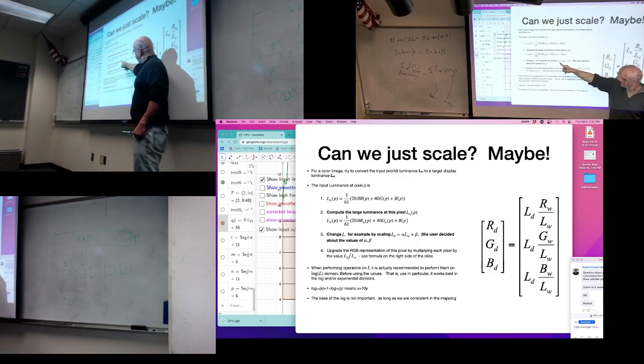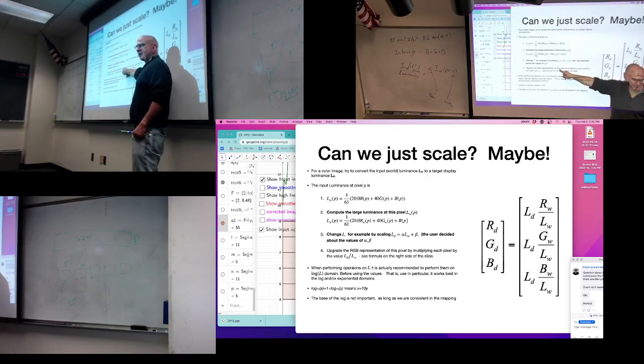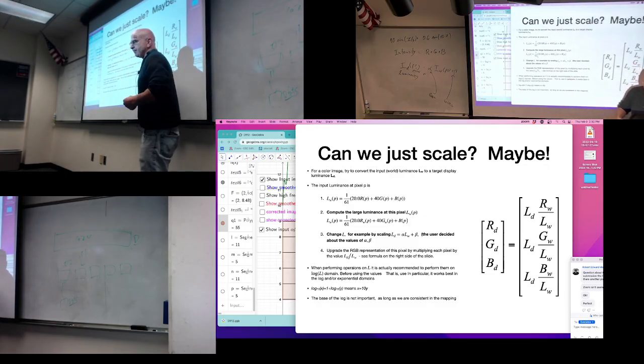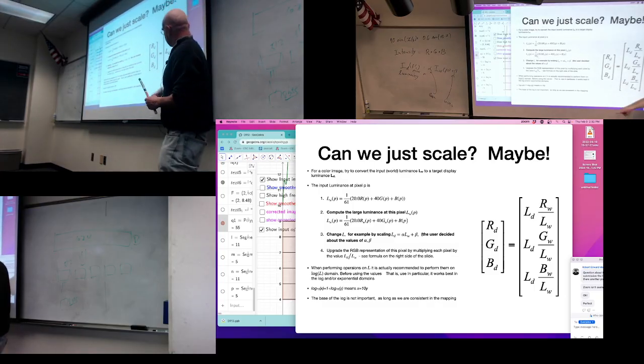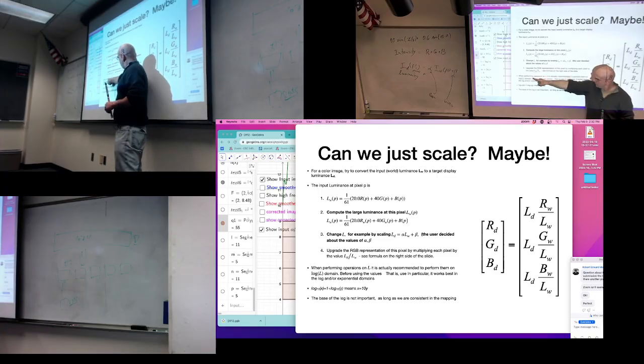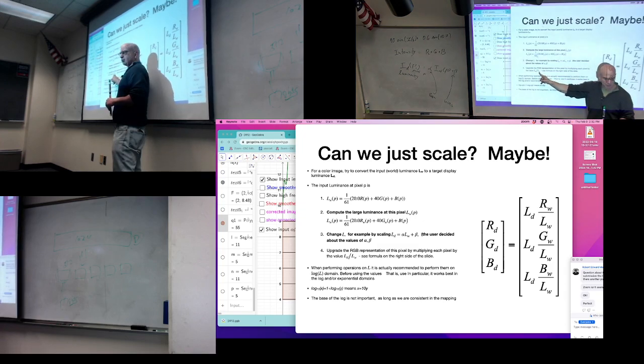Now I decided what I want the luminosity to be at the display level. Great, but how do I keep the RGB value, the color? Is this a red pixel, blue pixel, somewhere in between? I will compute the ratio of the desired luminosity, computed using any of the algorithms, divided by the input luminosity.